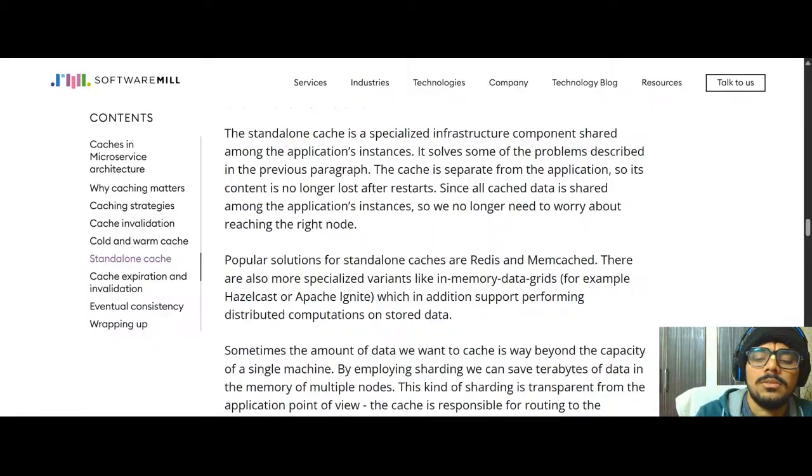Shortcut for jumping in Google Docs. Control plus Alt plus N. Shift plus Enter, no, it is not. Anyways, standalone cache.